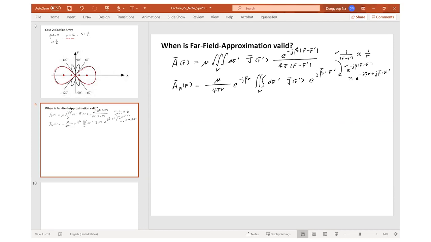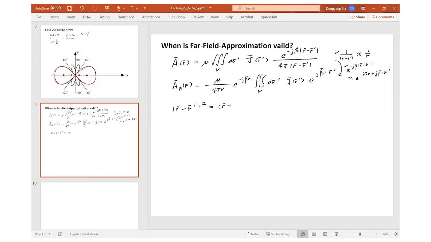Okay, so we're going to focus on the second assumption. To do this, let's look at this term, the absolute value of r minus r dash squared.